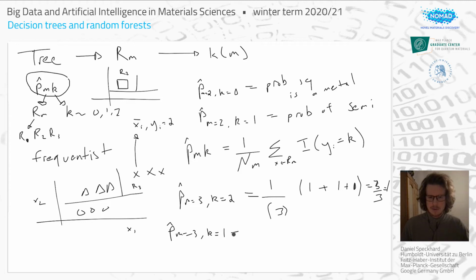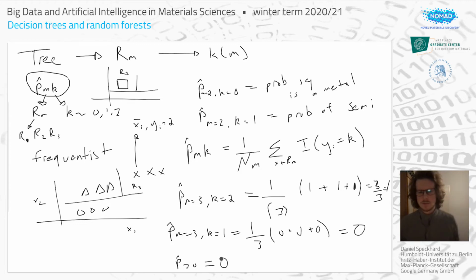Well, you can count the number of data points that are of this different class. Semiconductor, well, we have no data points that are semiconductor, so we're just going to add 0, 0, 0 for each of the 3 data points that we have in here, and this probability is going to be equal to 0. Similarly, you can find out that the estimate for this region 3 and class label 0 is also going to be 0.